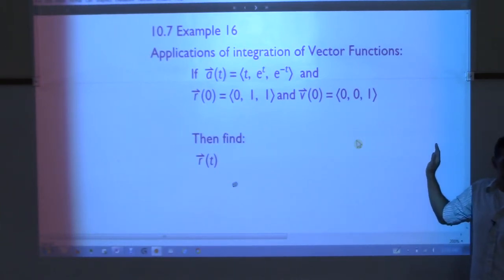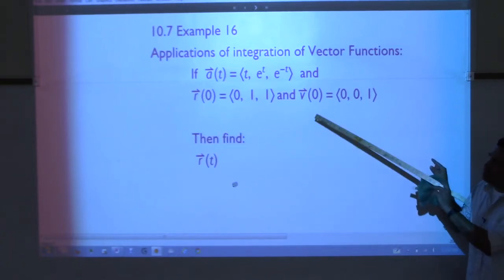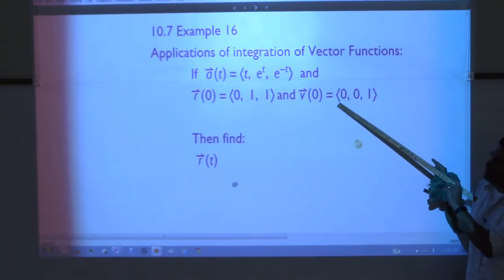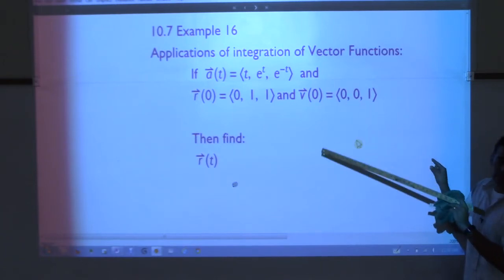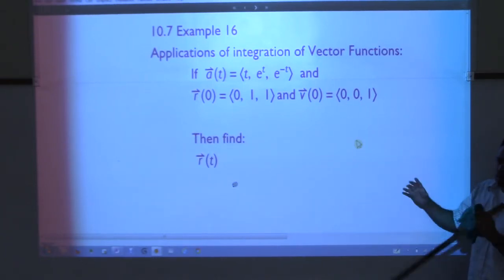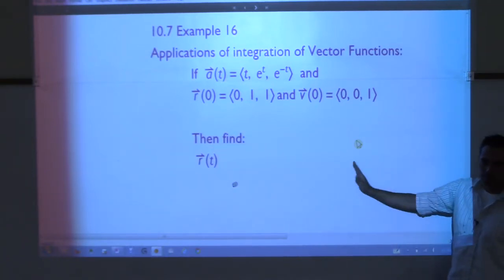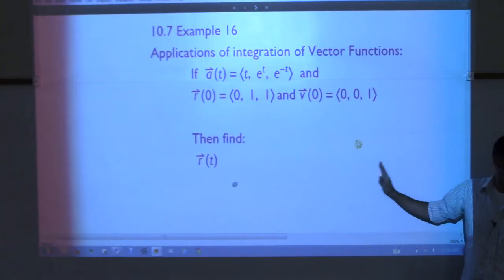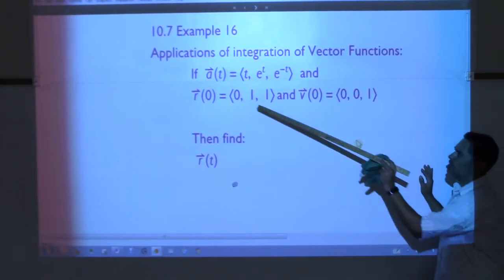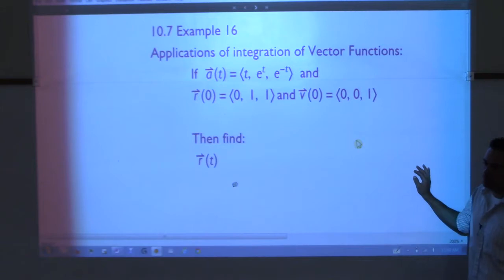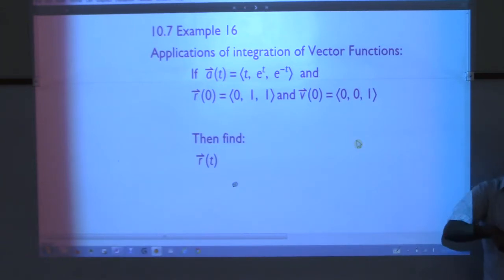Each one of those would have within it c1, c2, c3. I would then use this information about the velocity to get c1, c2, c3. Then I would have velocity, right? Then I take the antiderivative again. When I do that, I'm going to have three component functions, and again c1, c2, c3. And I'm going to use this information to get the position function. So it's just two of what we just did.